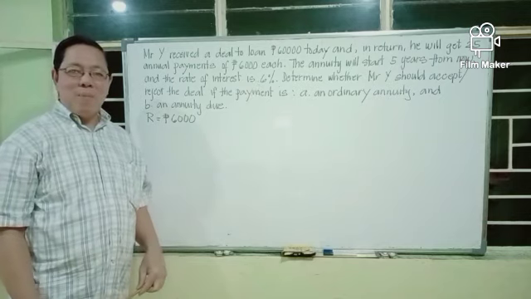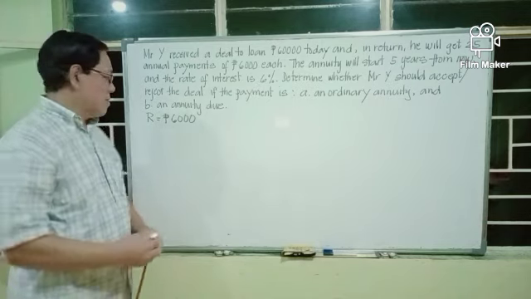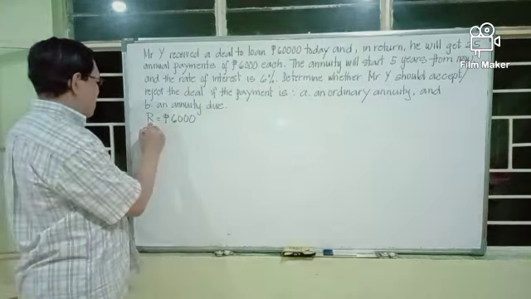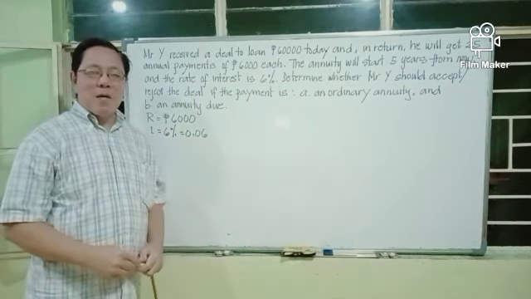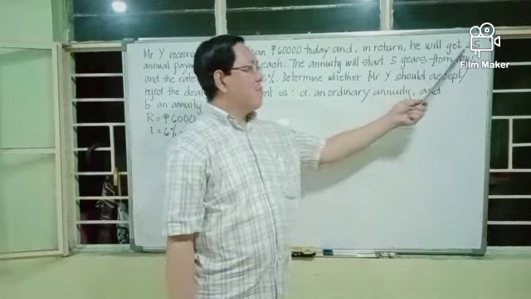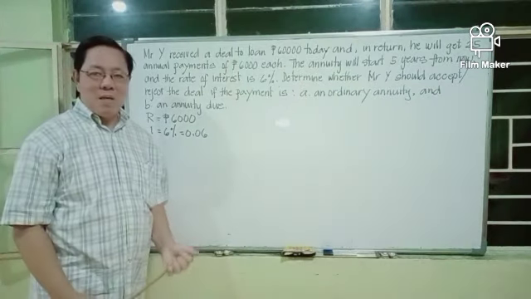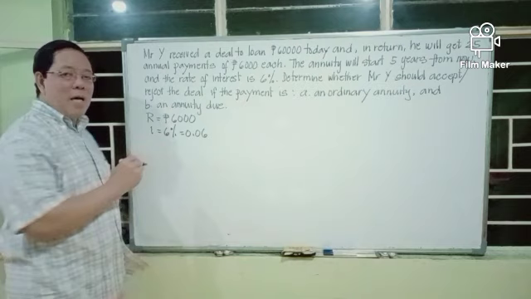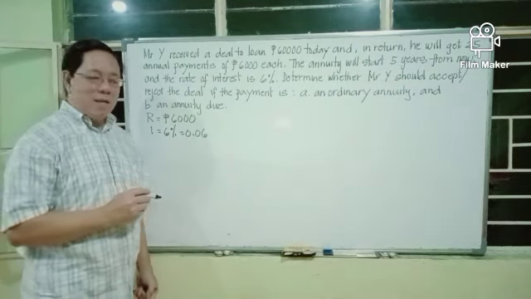In decimal number, that's 0.06. And the number of regular payments that Mr. Y will receive is 25 regular annual payments. And that's denoted by small n.